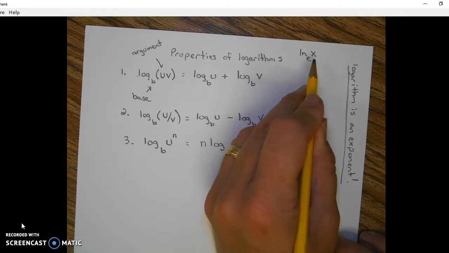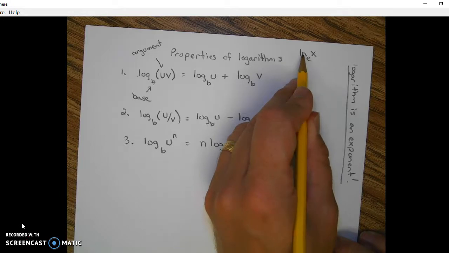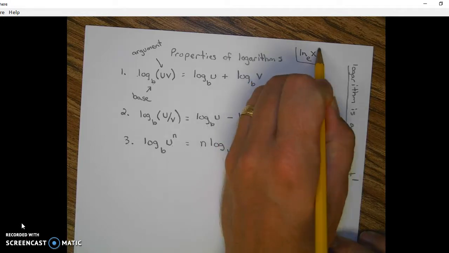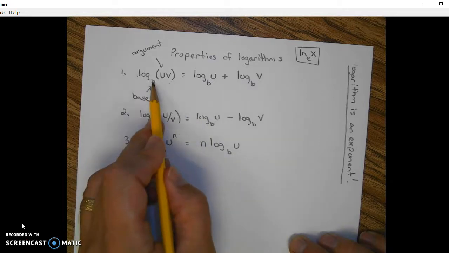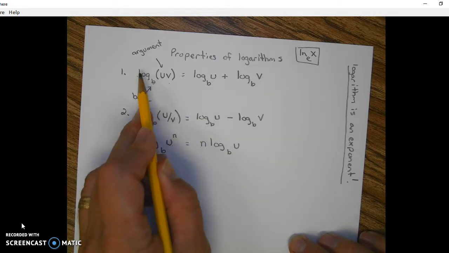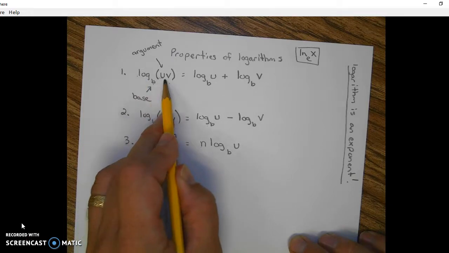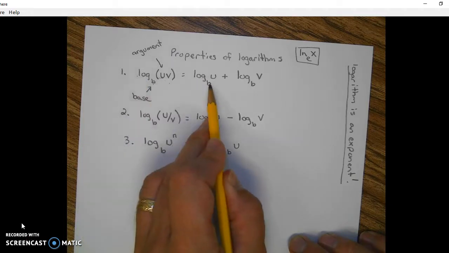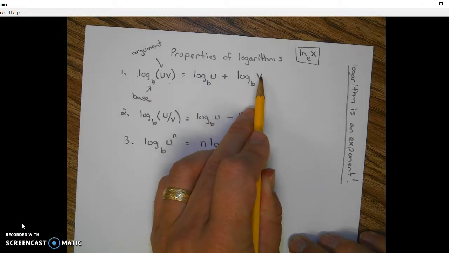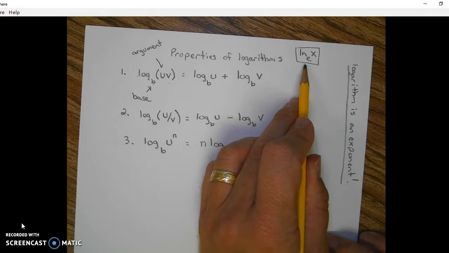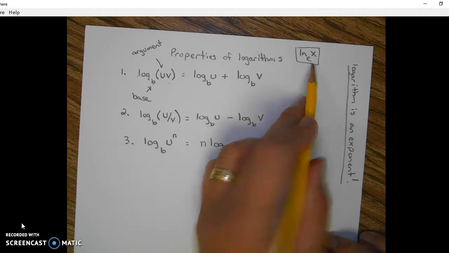Whenever you have a base e, we can use natural logarithms. We'll talk more about this a little bit later, but the same rules apply. Natural log base e of this would be natural log of u plus natural log of v. So that might have confused you a little bit, but we'll talk about that more later.